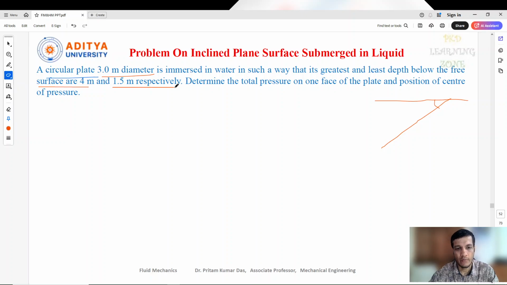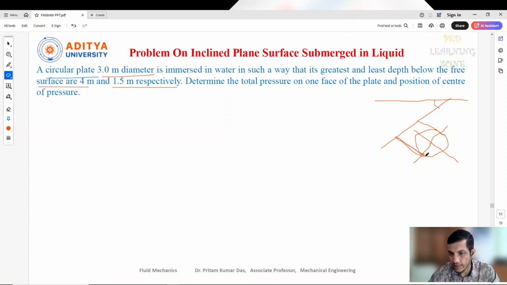and 1.5 meter. So here the angle is not given, but suppose a circle is there. Circle is not coming properly here. Okay, leave it like this. So this circle, what is given? So this is the center point of this circle, and this is one point, and this is one more point.